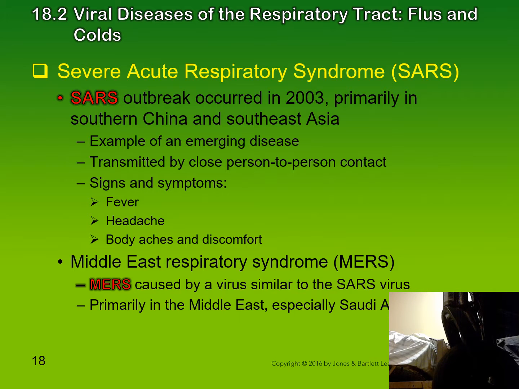The signs and symptoms: high fever, headache, body aches and discomfort, and it definitely is spread person to person, so you can lower your chance of getting it by not being in contact with a lot of people.